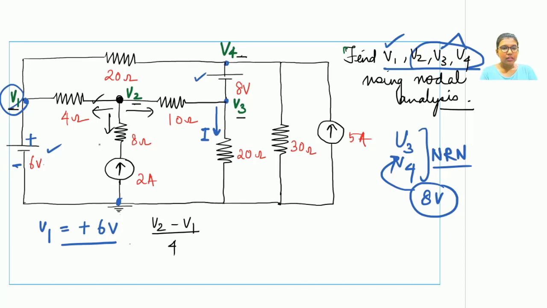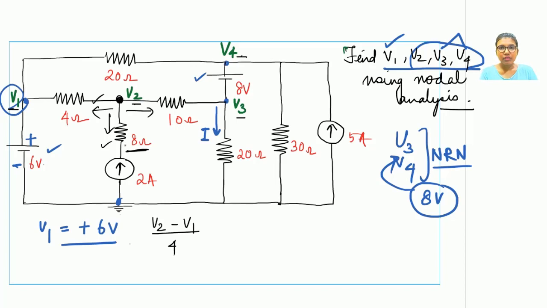Let us write the KCL equation for the downward branch. Now this downward branch has a current source in series with a resistor. Whenever there is a current source in series with a resistor, this resistor becomes redundant. By redundant, it means there is no requirement of this resistor to be present.